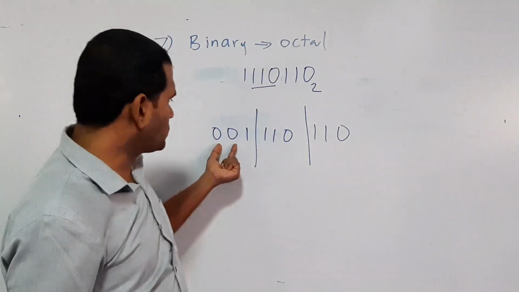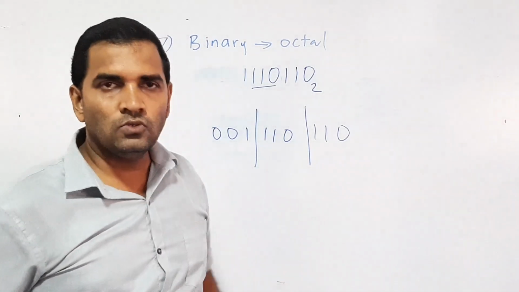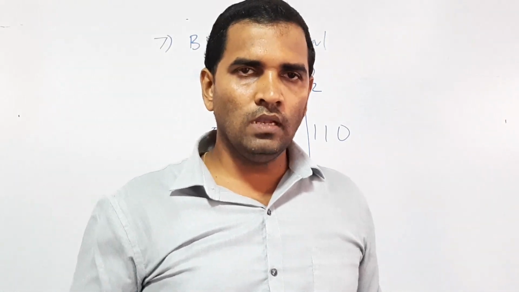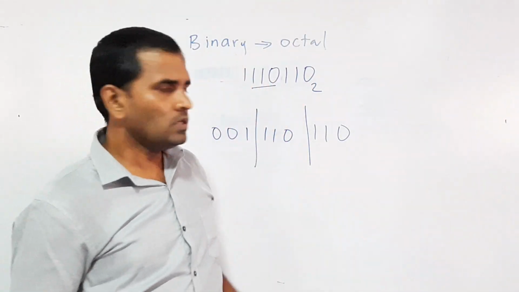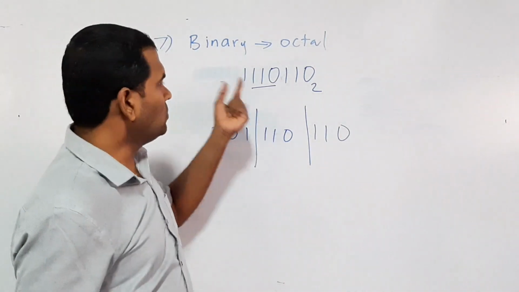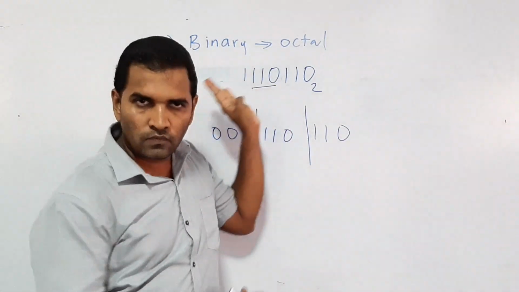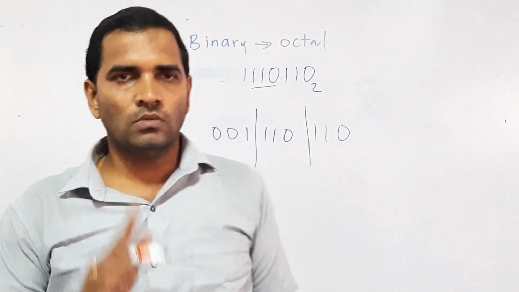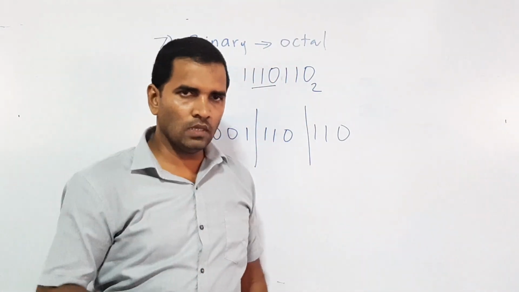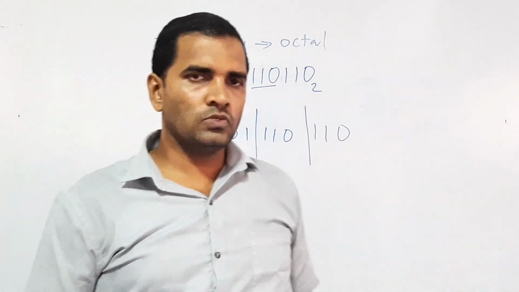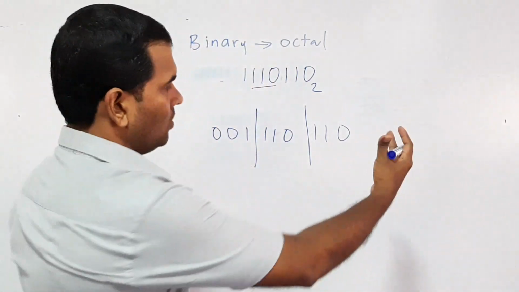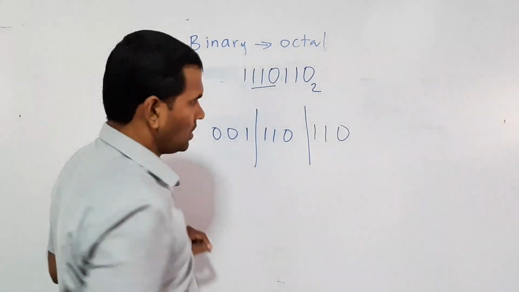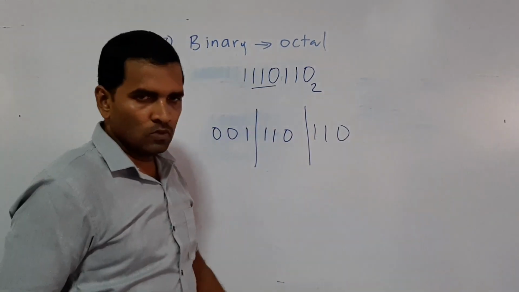So by adding these two zeros, your number is not changed. The value of your number remains the same. So that may be okay. But if you start grouping from the left side, definitely you will have problems. So be careful when you are grouping. Make sure you start from the right side. Okay. Now we have those three groups.